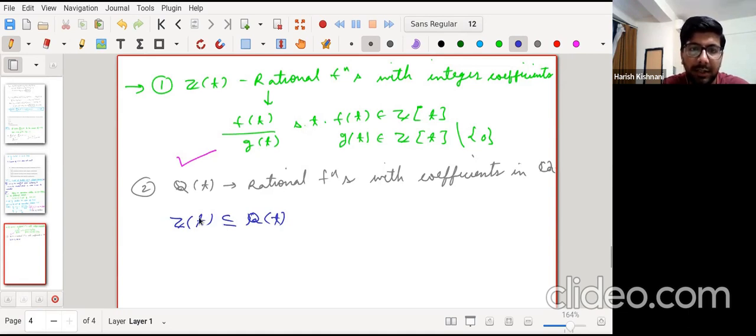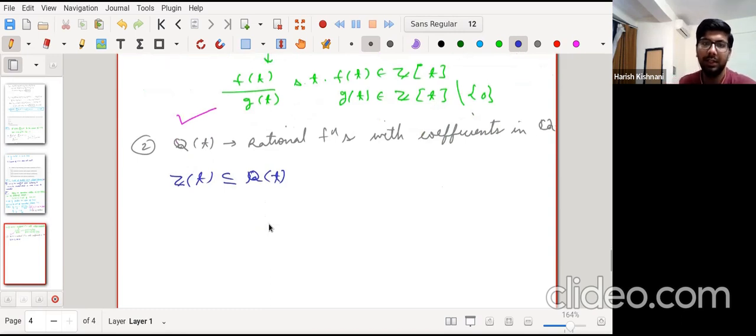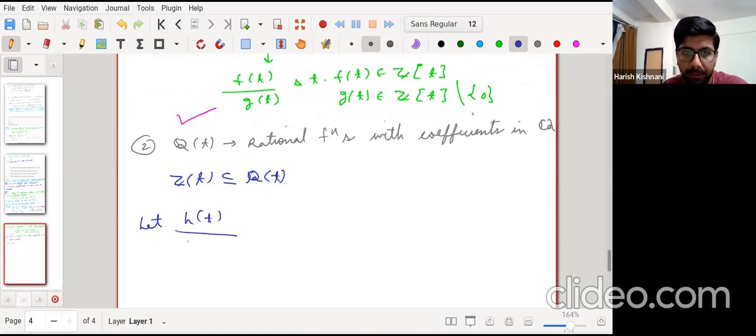So Z[t] is inside Q[t]. Now from Q(t) to Z(t), you can define a map. How? Let's say h(t) over k(t) is inside Q(t).